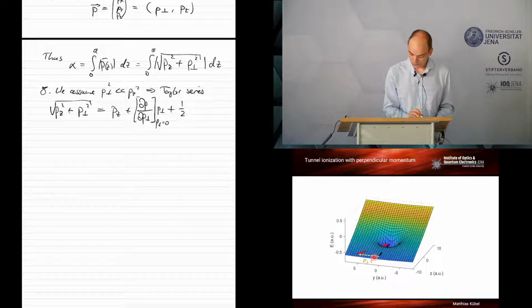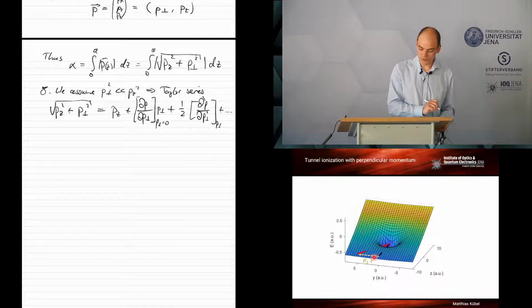That's the first order term, and now we also need a second order term. So it's the second derivative of the total momentum with respect to the perpendicular momentum, and higher orders which we will not need.